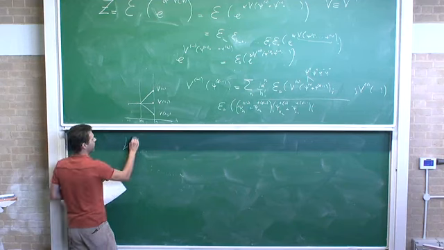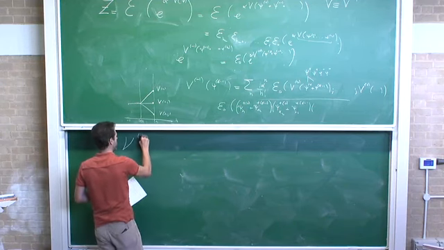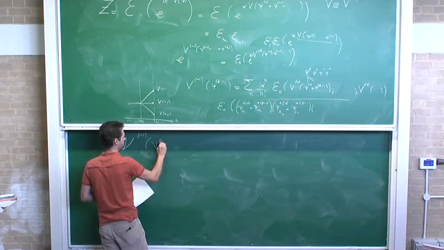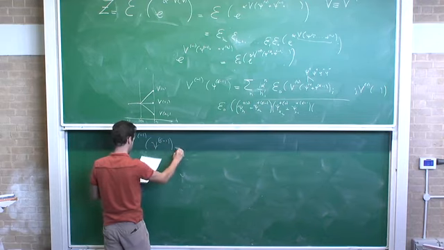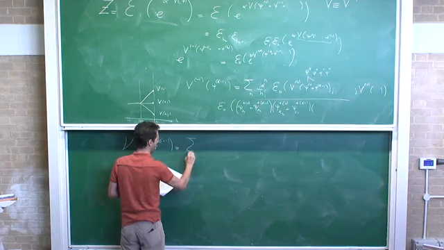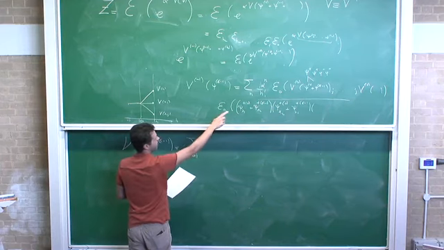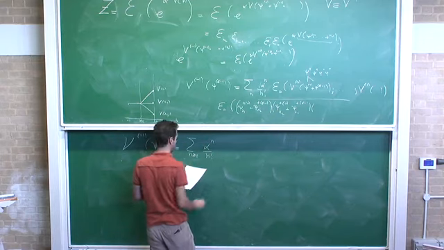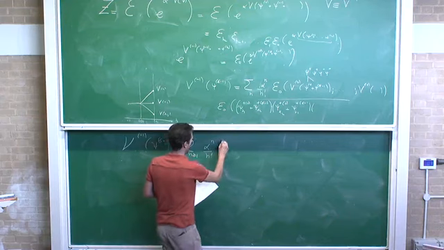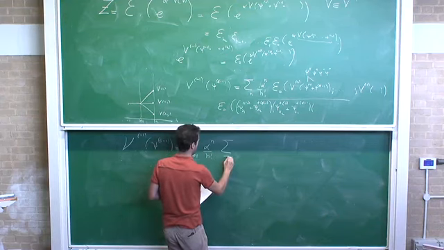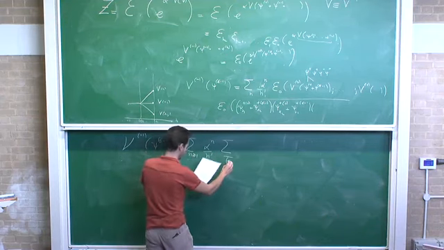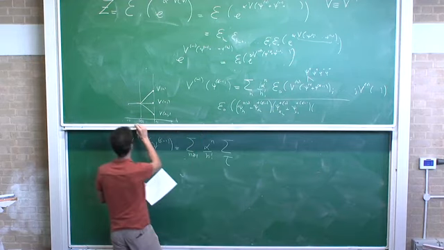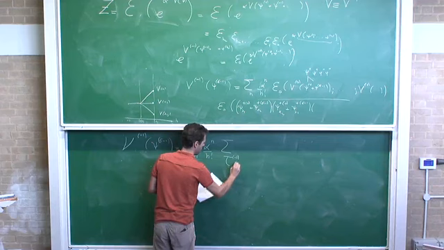What will this V at scale -1, for scales greater or equal than -1, be? It will be a sum over n. It's the same as here. There will be an alpha over n factorial, then a sum over these trees, like this, which have a root at scale -1 and n leaves.